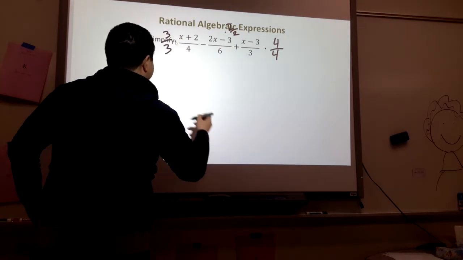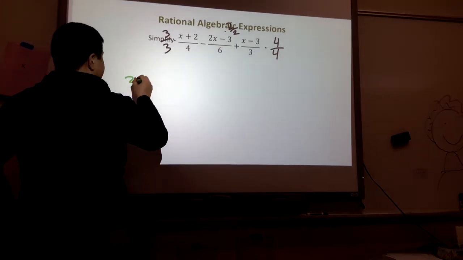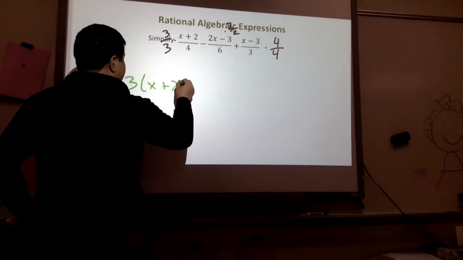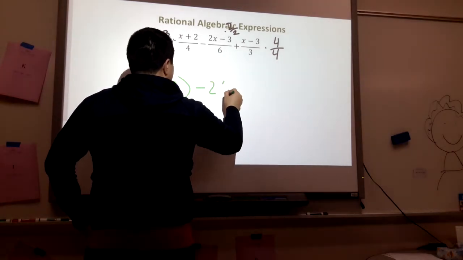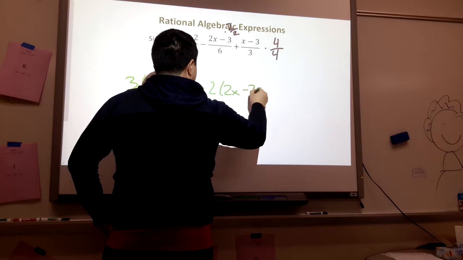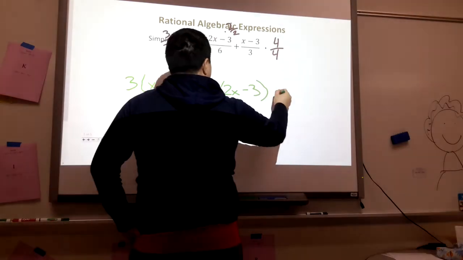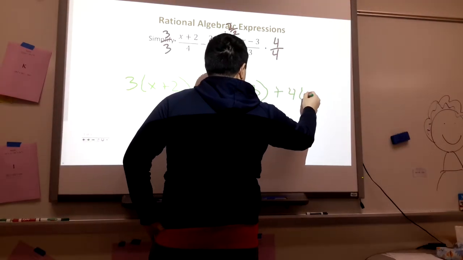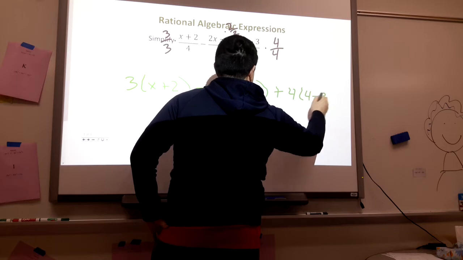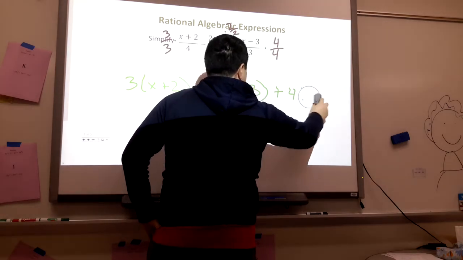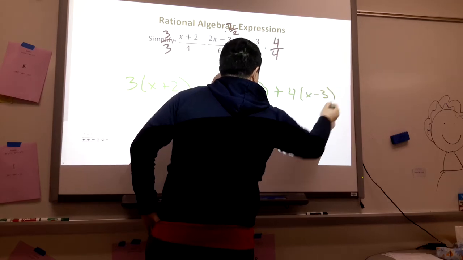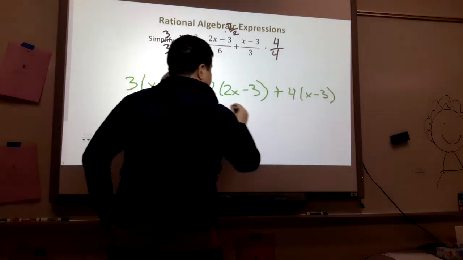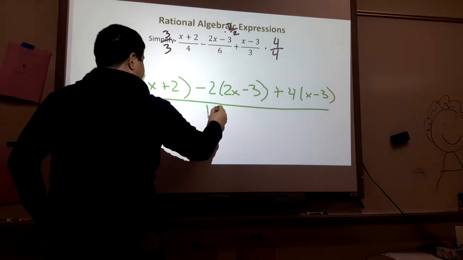When we do that, we get 3 times x plus 4 minus, because of the minus sign right here, 2 times x minus 3 plus 4 times x minus 3. All of this over our common denominator of 12.